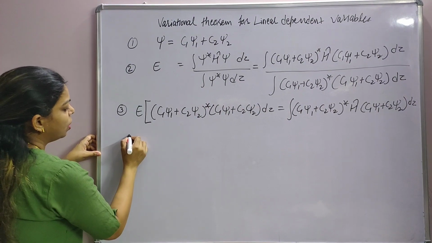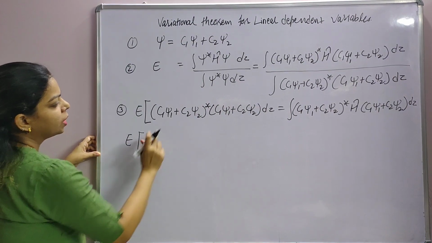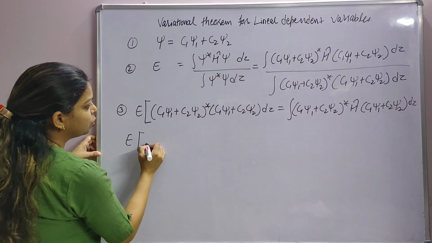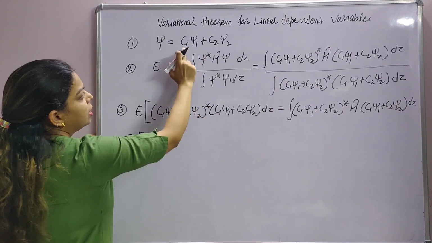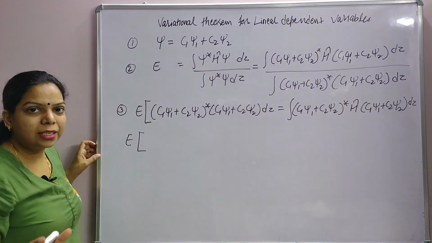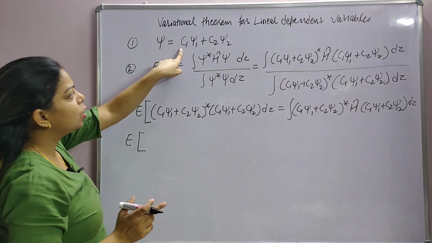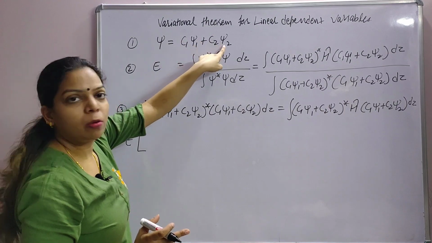So in the next step, I will have E times C1 square, because C1 and C2 are constants and they are not complex, but the wave function can be complex.